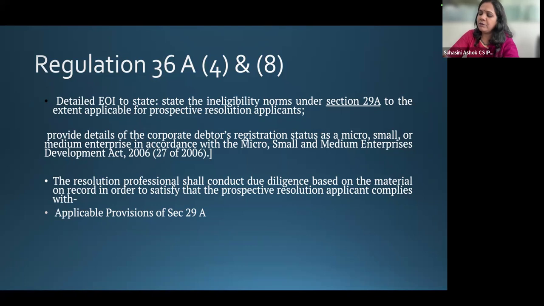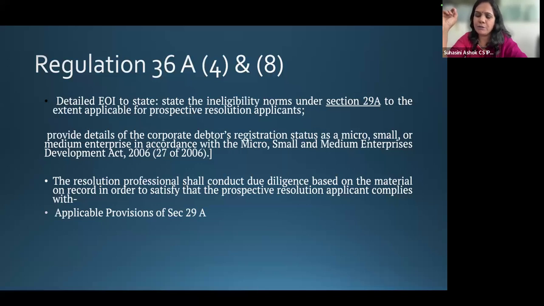This again shows one of the key functions of the RP: take over the company, run the process, ensure the timelines are followed as per the prescribed timelines, issue the expression of interest, and ensure that only proper persons are getting into it. So the RP during the CIRP process issues a prospective resolution applicant list and a final resolution applicant list. At that time also, before issuing the prospective resolution applicants list, the RP has to do a basic diligence based on the information available.